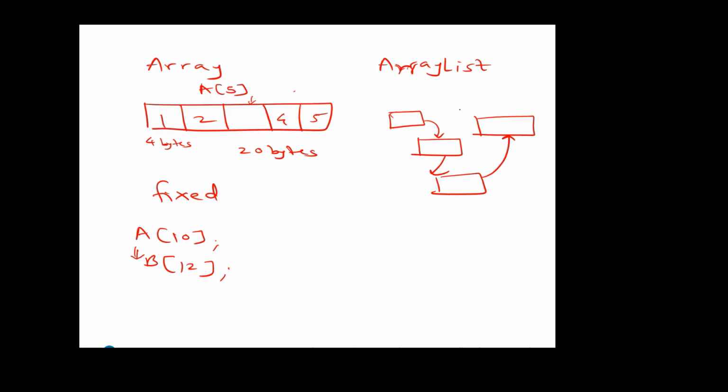But since in an array list the structure is not fixed, we can easily add 2 more nodes into the array list. So programmatically, there are some advantages of using an array list.